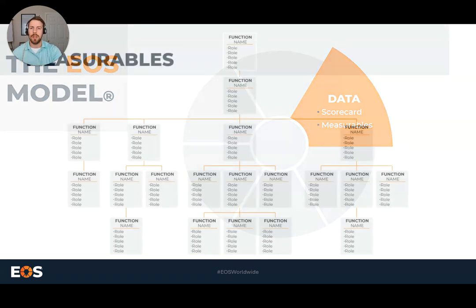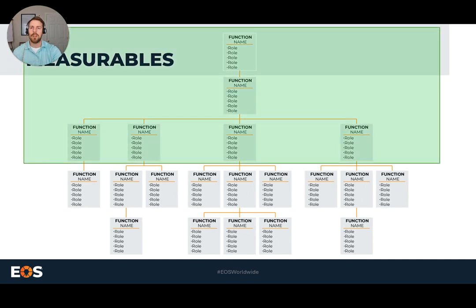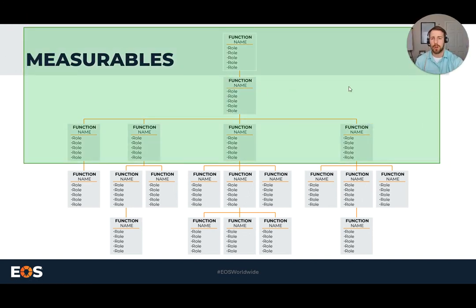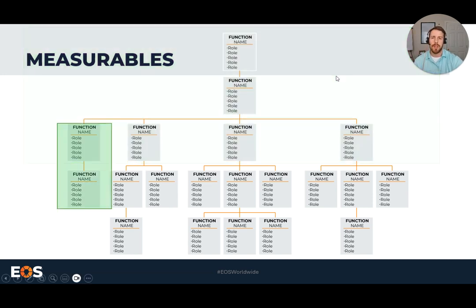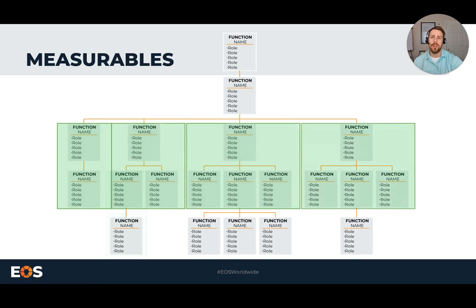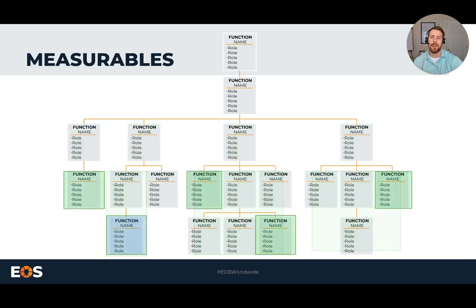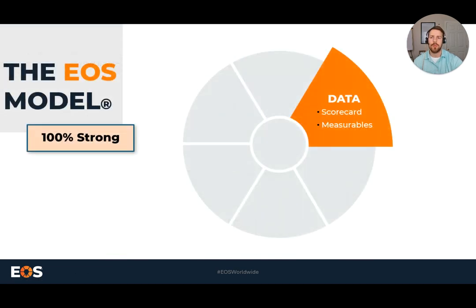And the goal is to get a scorecard built at the leadership team level, and then ultimately within each major department, and you individually could have one, right? So it kind of goes to each level. So that's where it fits in terms of the EOS model, the first area.